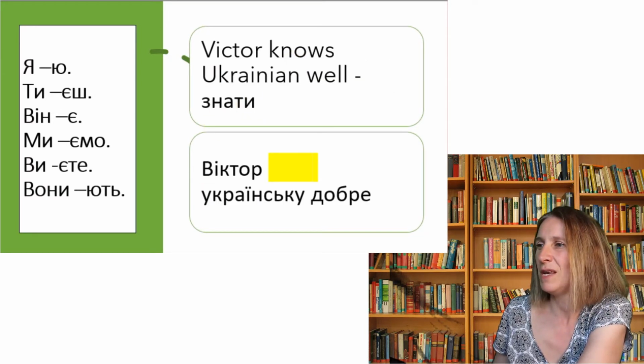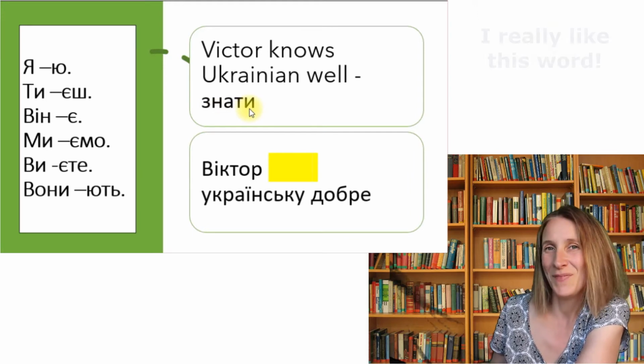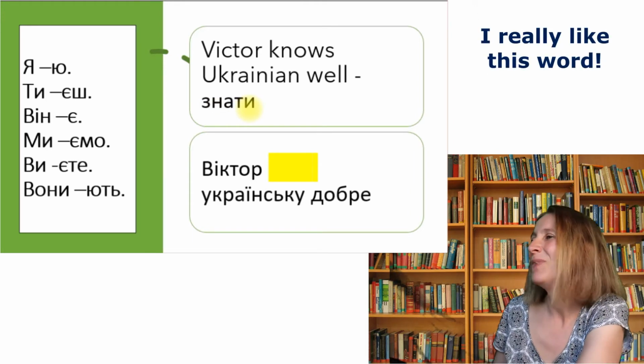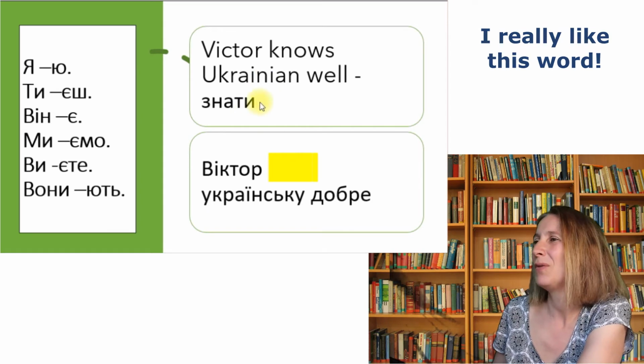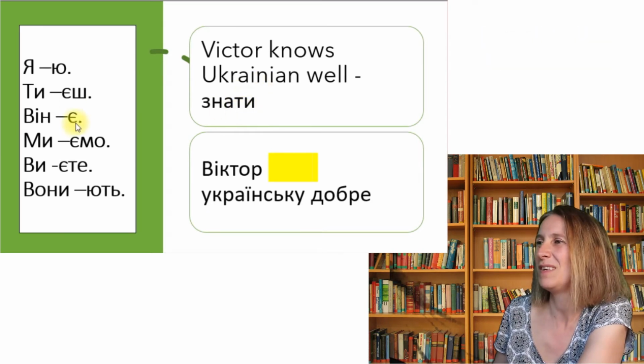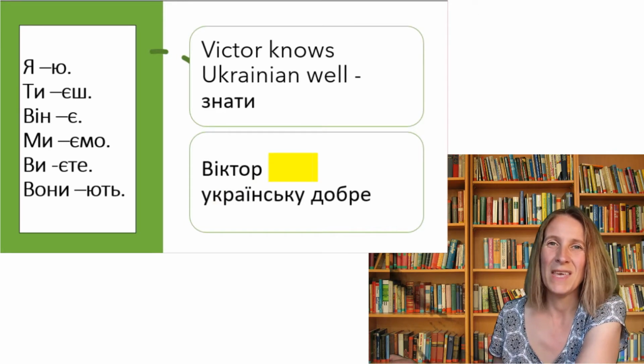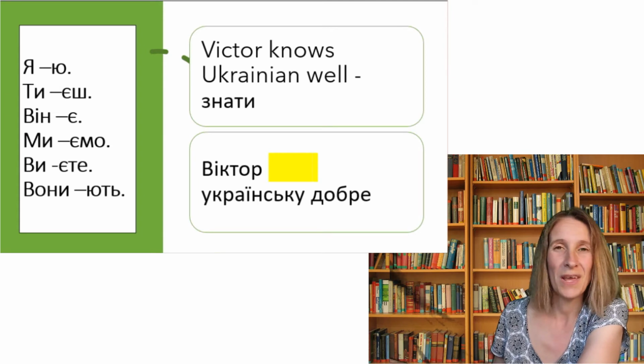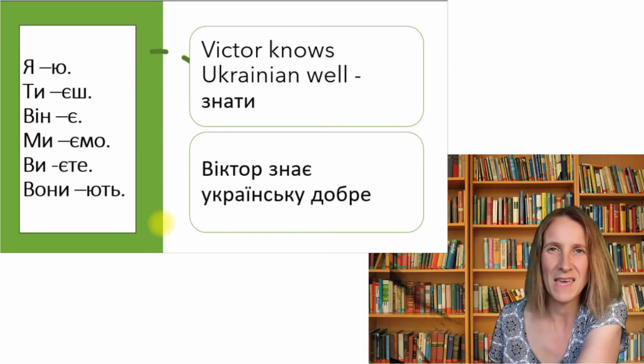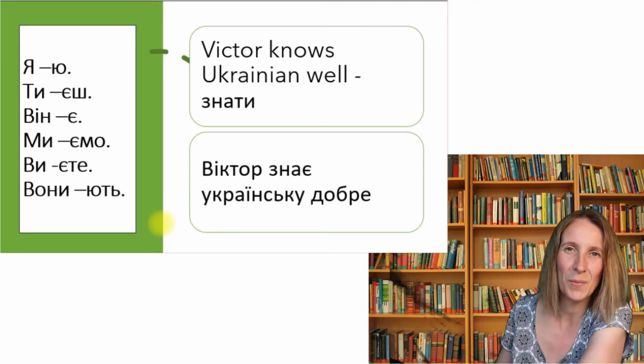Victor knows Ukrainian well. So we've got знати. Victor, you lose the ти, it's he, so є. Victor знає українську добре.